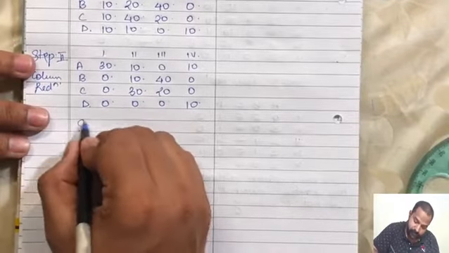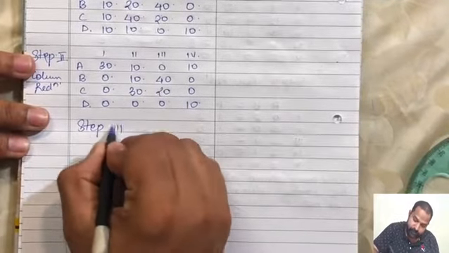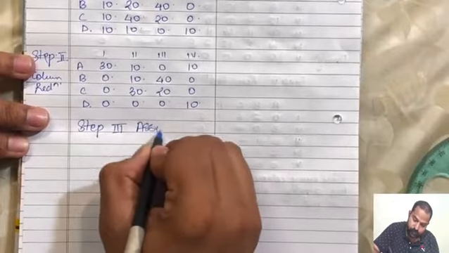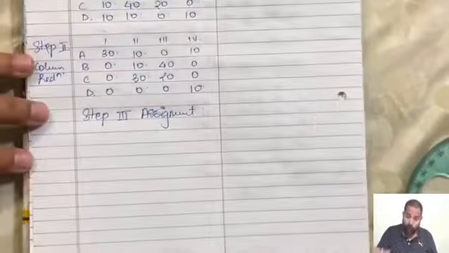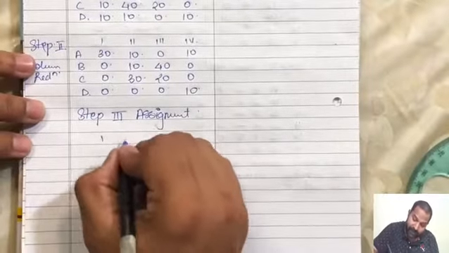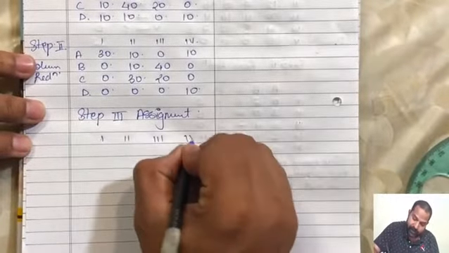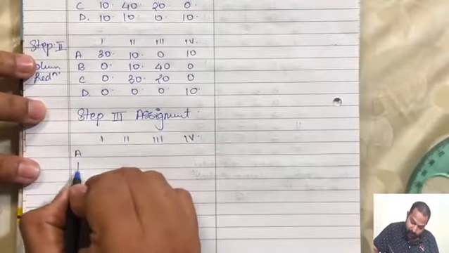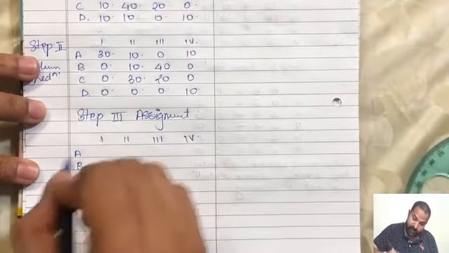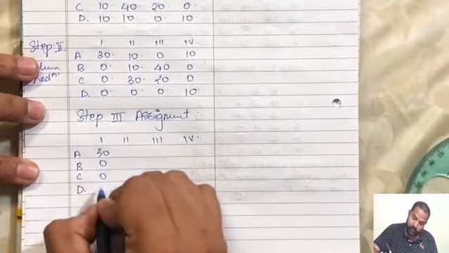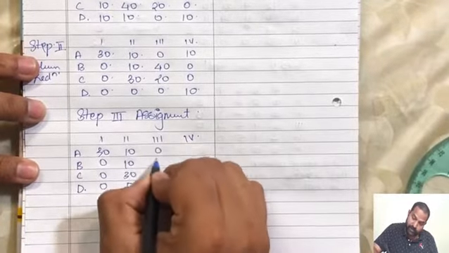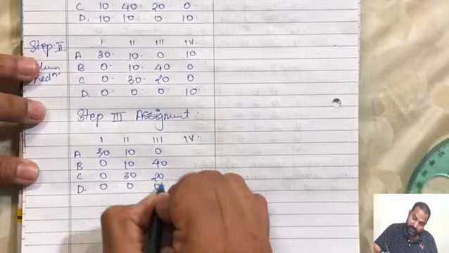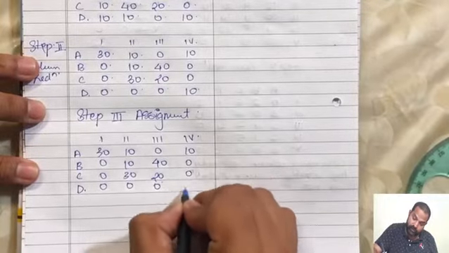Step 3 assignment. For assignment, I am going to rewrite the entire matrix. I don't want to create chaos in that one. So 30, 0, 0, 0, 10, 10, 30, 0, 0, 40, 20, 0, 10, 0, 0, 10.